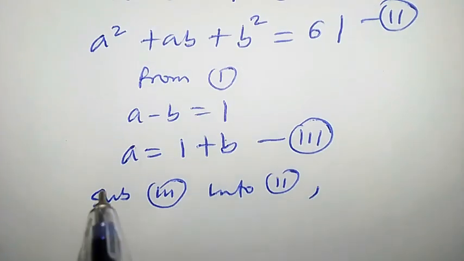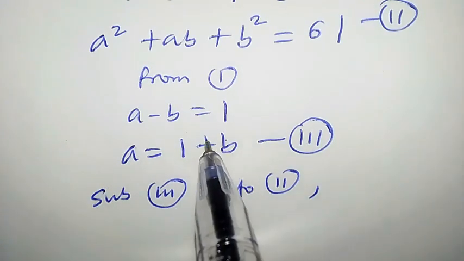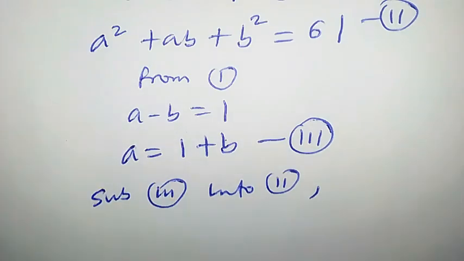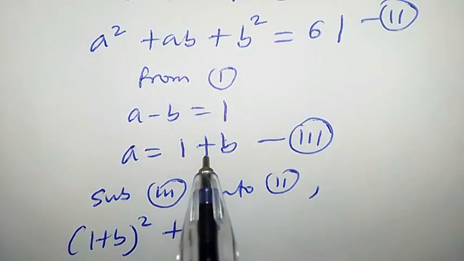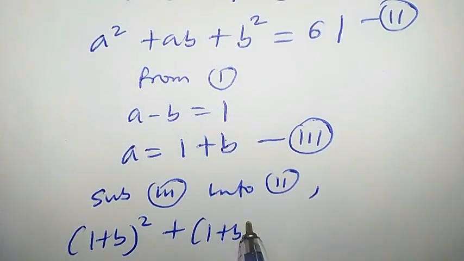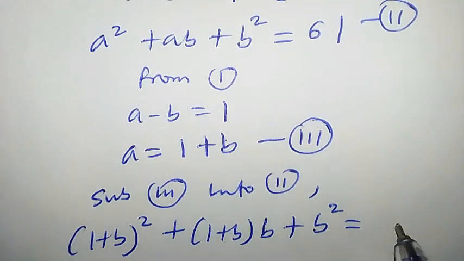That means anywhere we see a, we will replace it with 1 plus b. So we have 1 plus b all squared plus a times b, that is 1 plus b times b, plus b to the power of 2 equals 61.